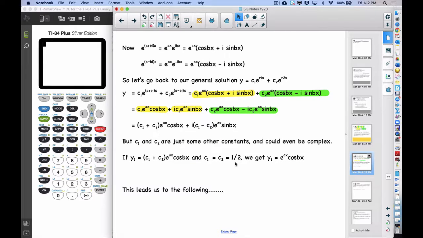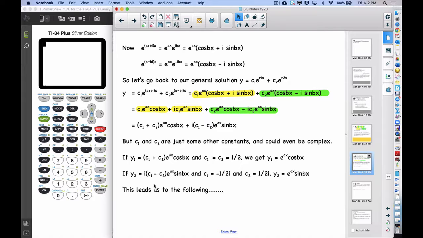If c1 and c2 end up being both 1/2, then you would just end up with 1 times e to the x cosine bx. Even here with this i, it could be that the constants you end up solving for are imaginary. Well, if you ended up with a negative 1/2 i and a positive 1/2 i and substituted them in here, you would end up with negative i times i.